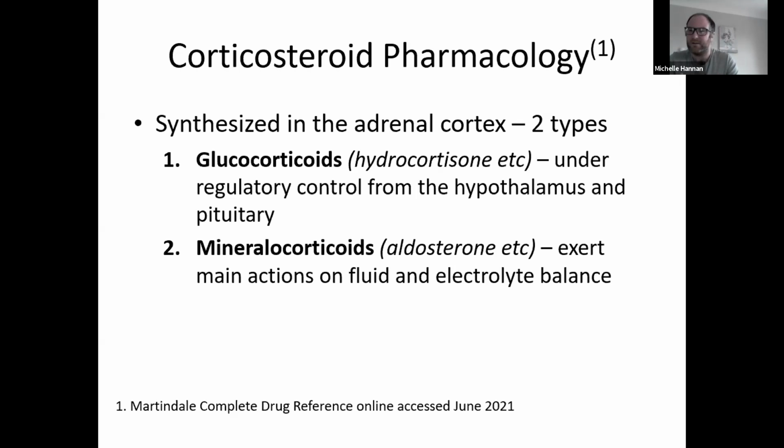In physiological or mentally stressed situations, the body can go up to somewhere between 150 and 200 milligrams of cortisol a day. So you get this massive upregulation of cortisol production in the body in a stressed state. That's very important when we're trying to identify people who are experiencing toxicity to immune checkpoint inhibitors, that they might actually be producing an awful lot more natural physiological corticosteroids or cortisol at the time.